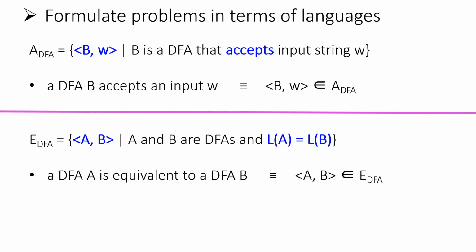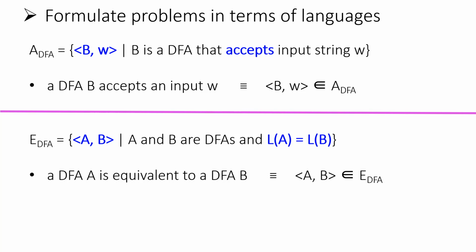To solve this, we need to run the DFA on W and see whether it enters an accept state or a reject state. If we formulate this problem as a language acceptance problem, it is A_DFA. The member strings of this language are strings containing both the DFA and the string W.